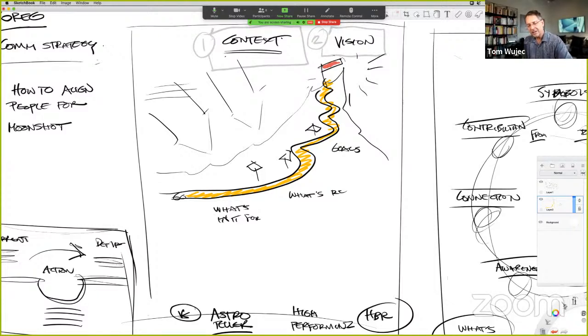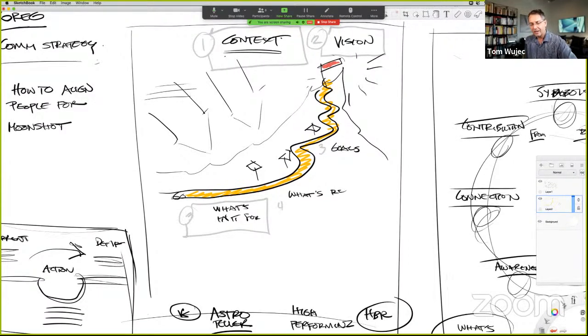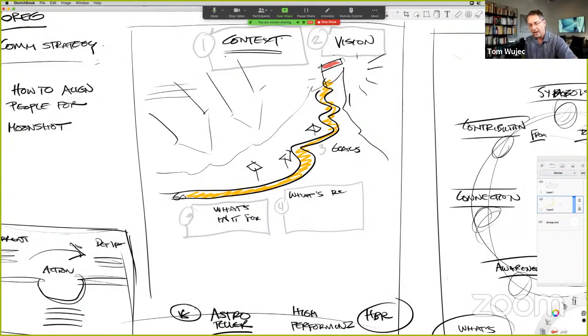Or actually, number 3, what's in it for you? Do that and you will get these benefits. Don't do that, and here's what the downsides are. I didn't finish this drawing here, so I'll just finish it. What's required from you, going from where you are to where you want to be.